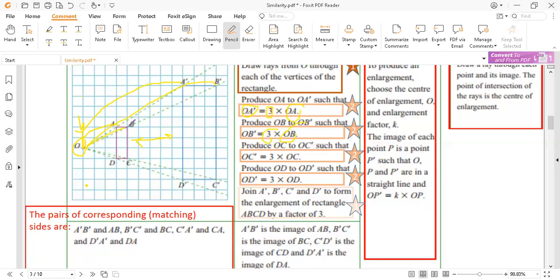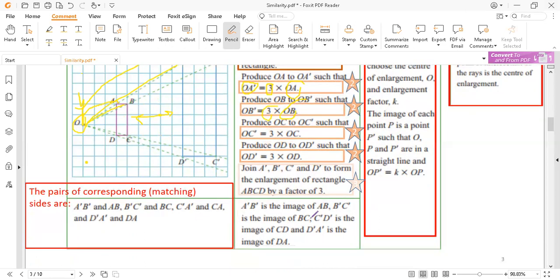As well, BC and B prime C prime are corresponding sides, DC and D prime C prime, and finally AD with A prime D prime.